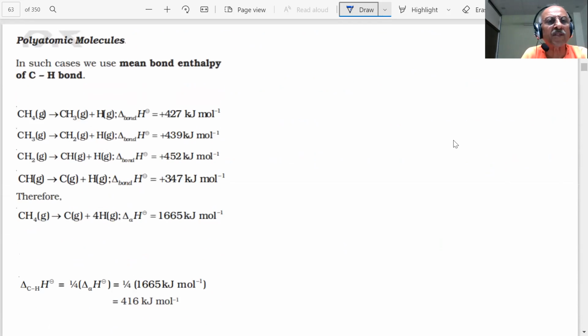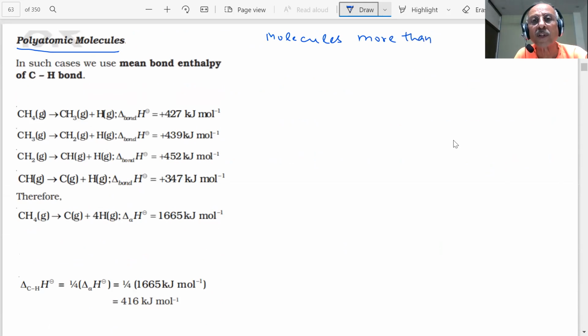What will happen in the case of polyatomic molecules? What do you mean by polyatomic molecules, students? Molecules which are made up of more than two atoms. For example, CH4. This is a polyatomic molecule.